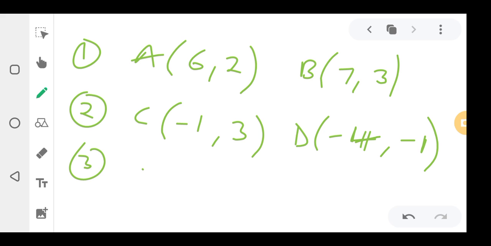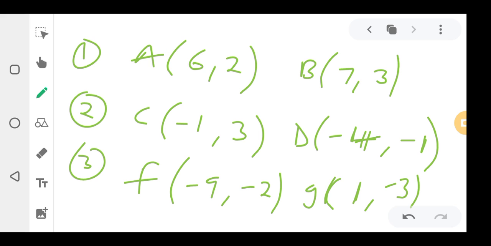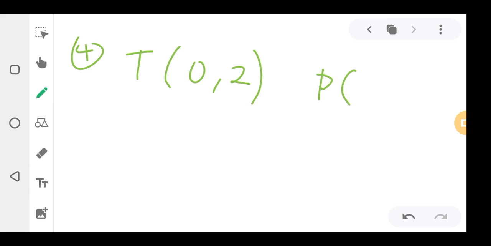Question 3: F is (3, ...), wait, F (negative 9, negative 2), G is (1, negative 3). And then question 4: T is (0, 2), P is (negative 1, negative 5).